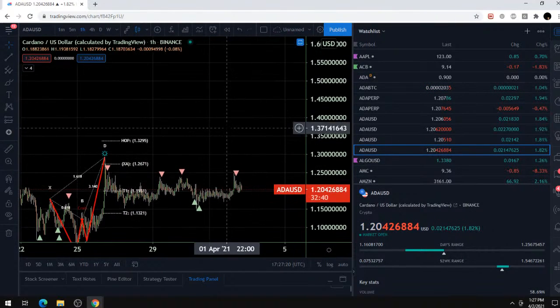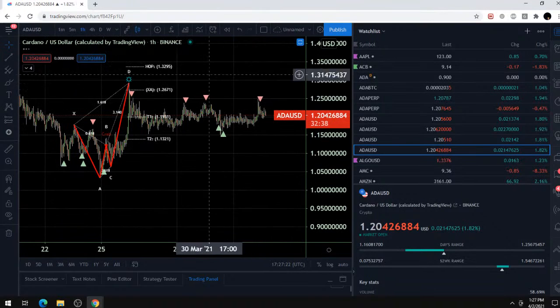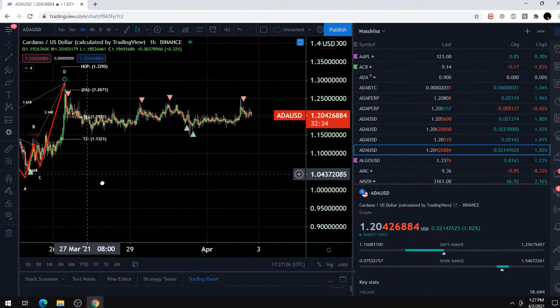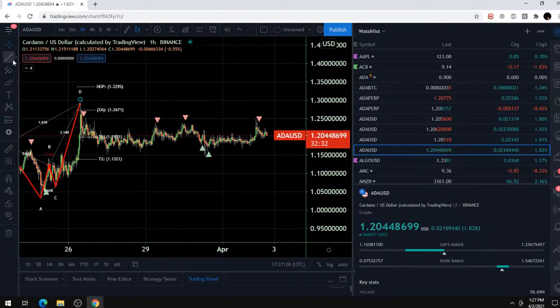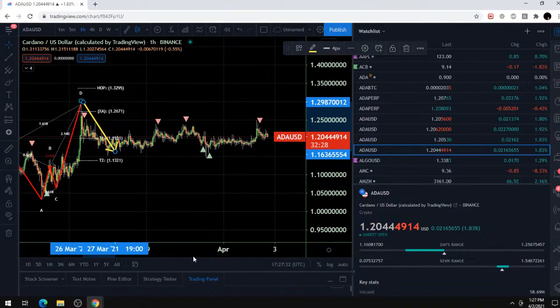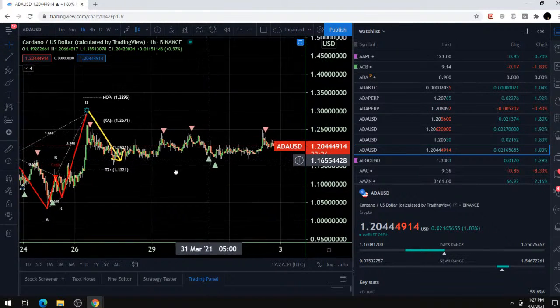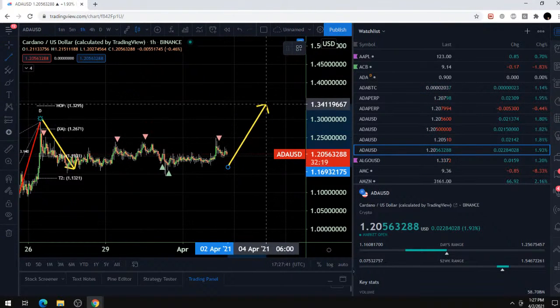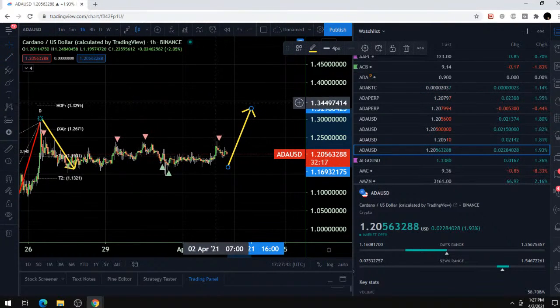Here on the hourly, we have a really nice crab pattern that developed last week. But if we look at the type 1 framework, there's your reaction. There's a couple of HSI signals that tell you it's over. We should be seeing, at a minimum, a return back to the hop at around 133.